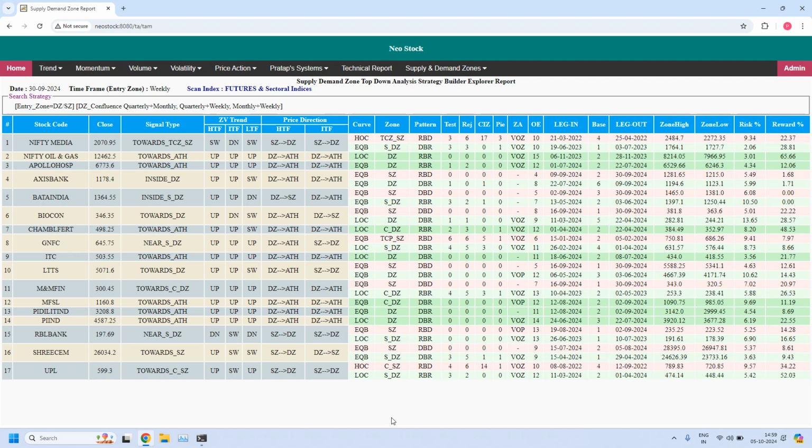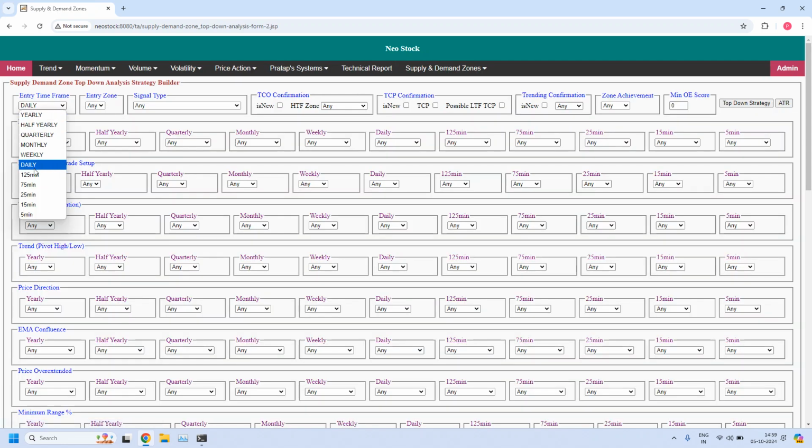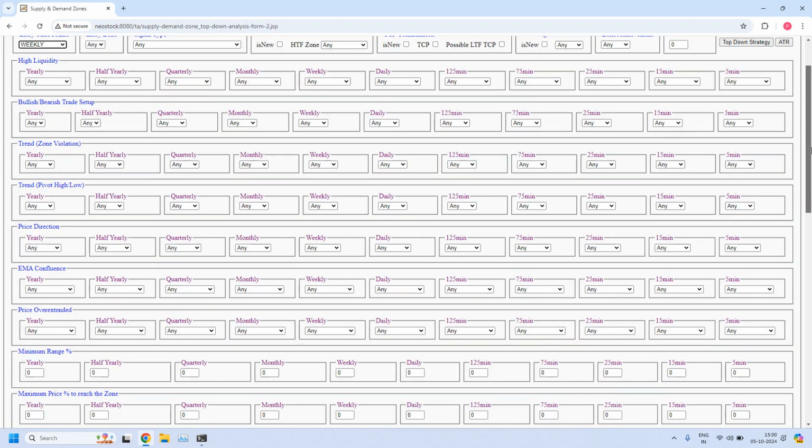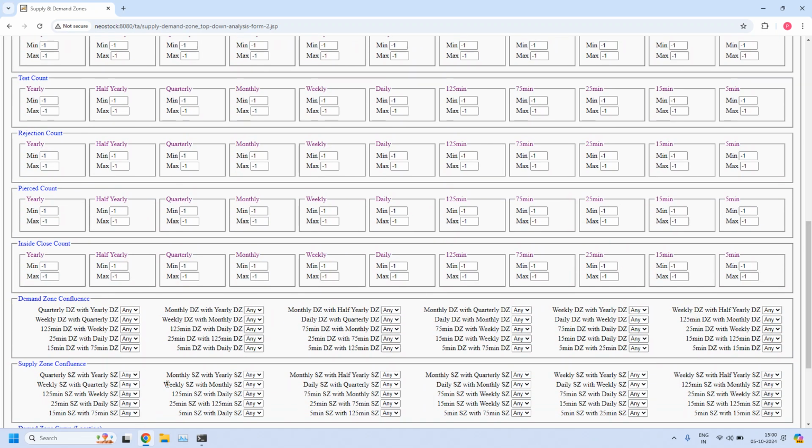That is LTF, ITF, HTF confluence. Exactly the same way, let us look for supply zone confluence. Entry time frame is weekly. In the supply zone confluence, weekly supply zone with monthly supply zone confluence, weekly supply zone with quarterly supply zone confluence, and also monthly supply zone with quarterly supply zone confluence.